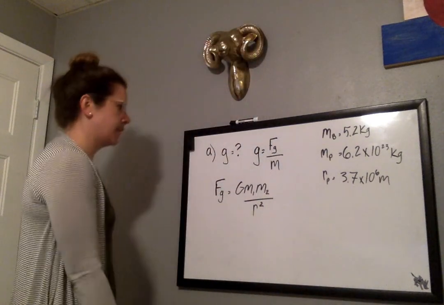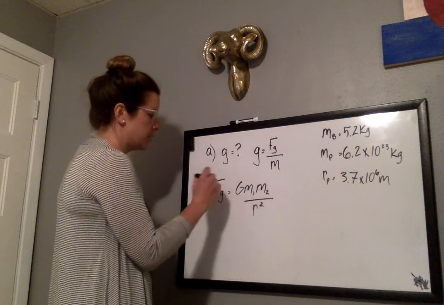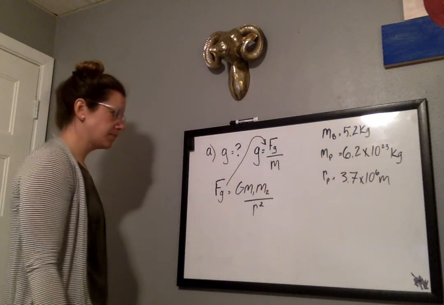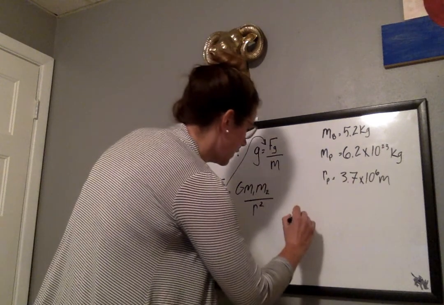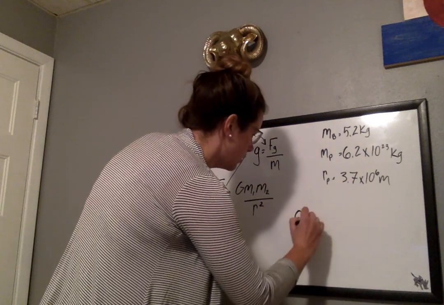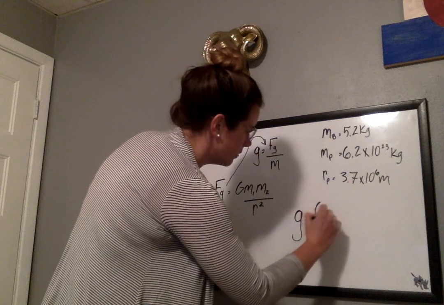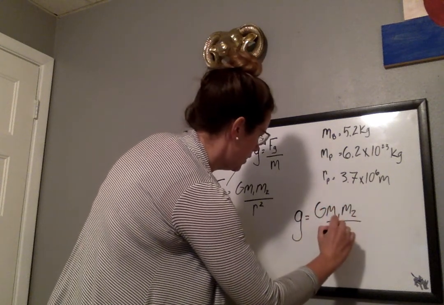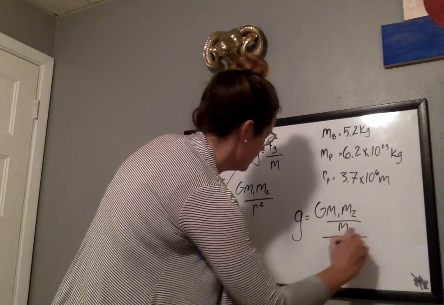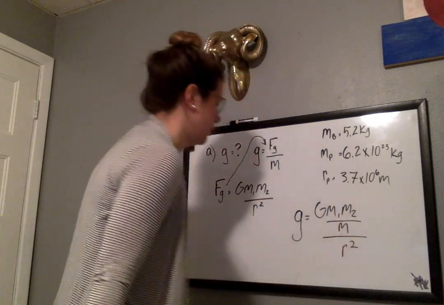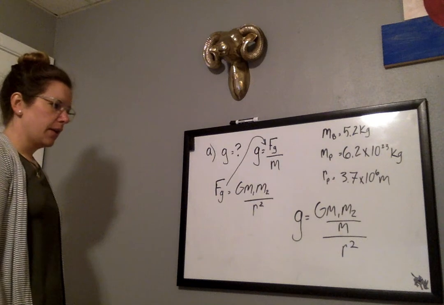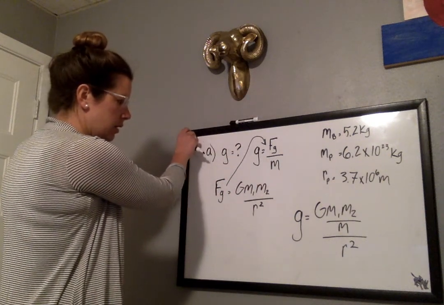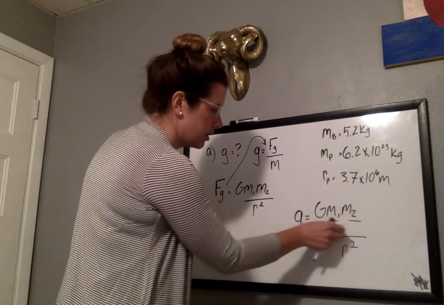F. Cool. I'm going to put these 2 together. I have Fg, and I'm going to put it right here. With a little bit of algebra, I now have acceleration due to gravity is equal to big G, mass 1, mass 2, divided by m, divided by r squared. Now you're like, what did I mess up there? These need to be switched.